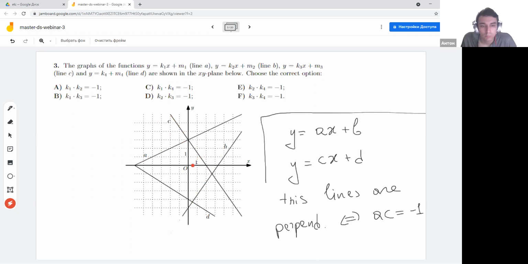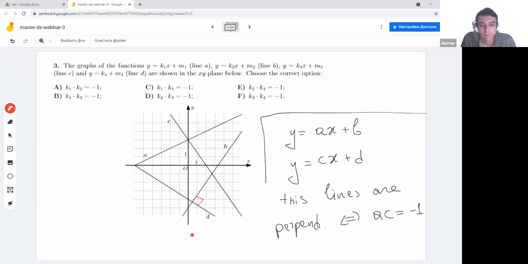While proceeding this way, you may see that there is only one pair of perpendicular lines, namely B and D, because this angle is straight.